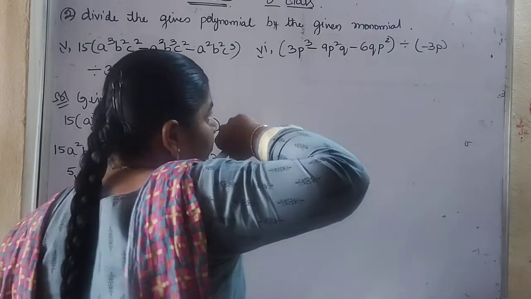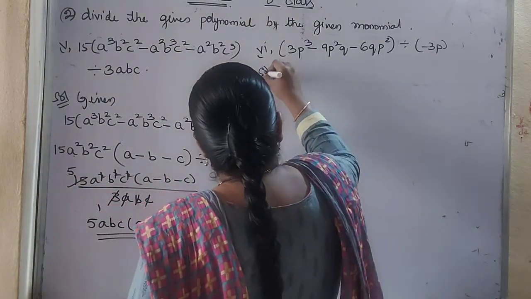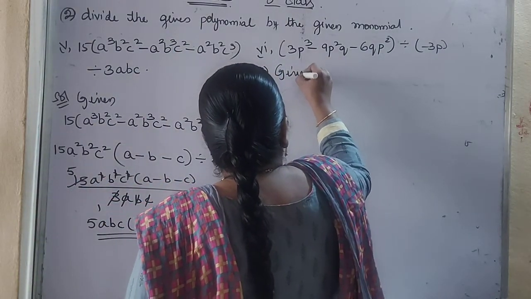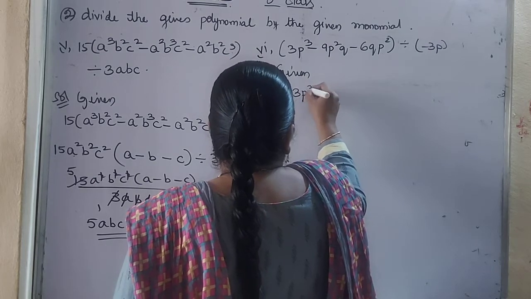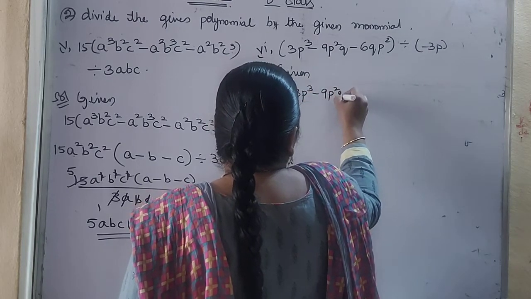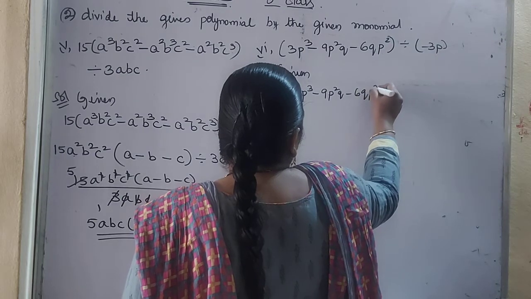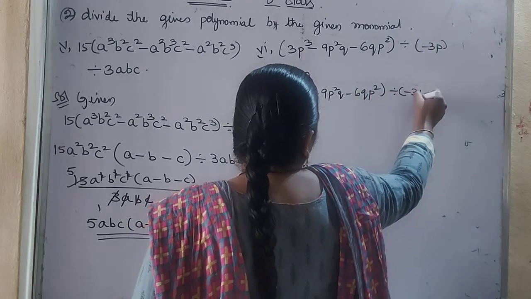So what are the common terms we have to take out first? Given 3p cube minus 9p square q minus 6q p square divided by minus 3p.